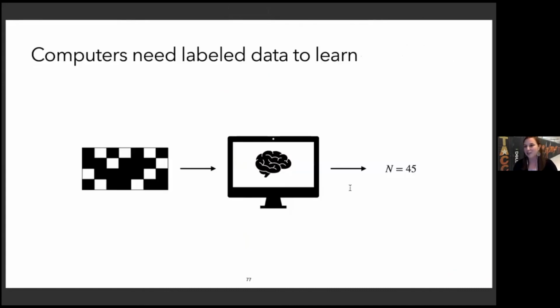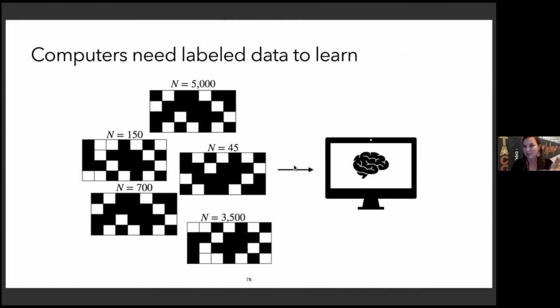Okay, and so in order for a computer to learn how to take this and give it this, we need to supply it with labeled data, right? We need to show it a ton of these with known answers, so that it can learn the rules.